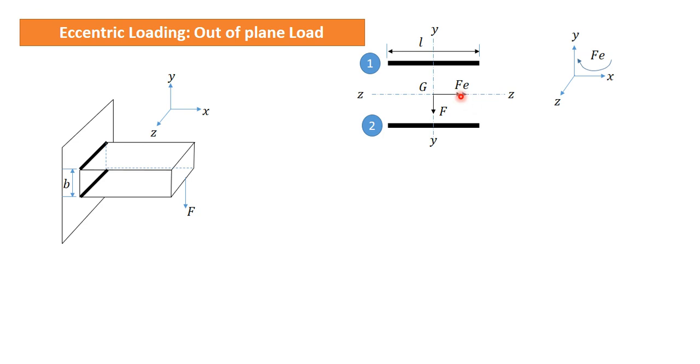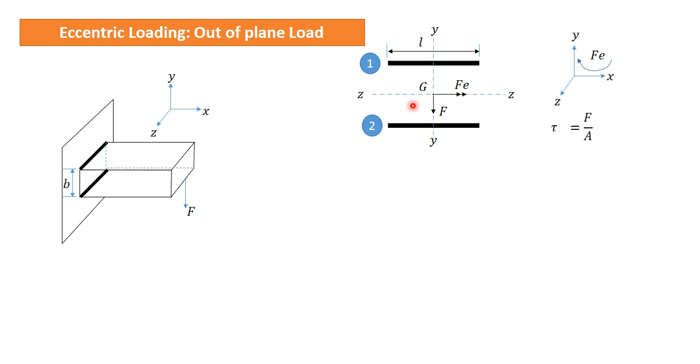This double arrow indicates that this moment is acting along the z axis. If we use our right hand rule, we can find that the direction of this moment is along negative z axis. The thumb direction will give us the direction of moment. That is why it is shown here if we consider this as positive and this as positive.